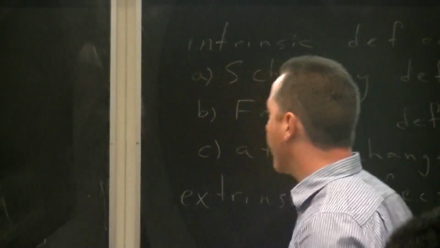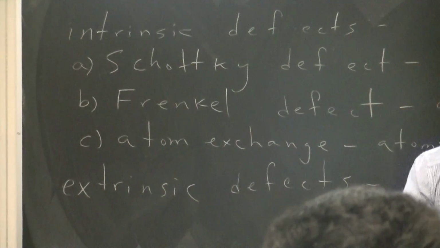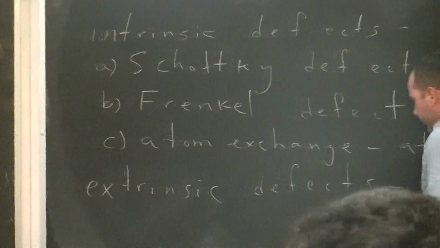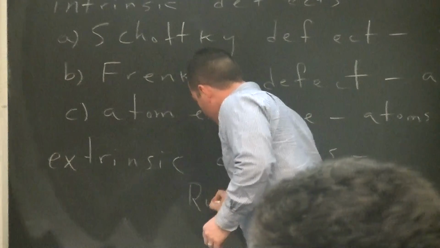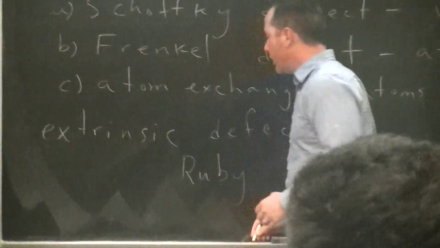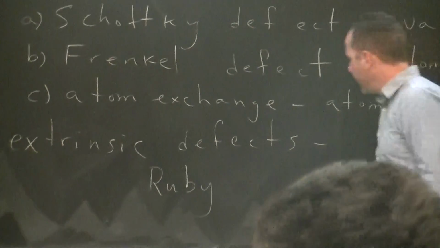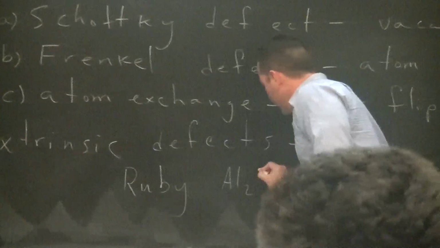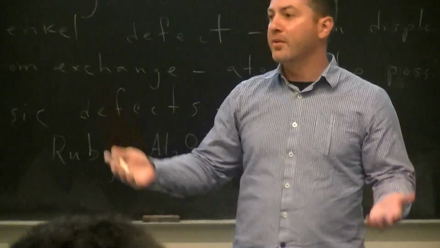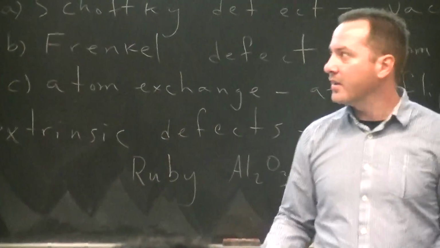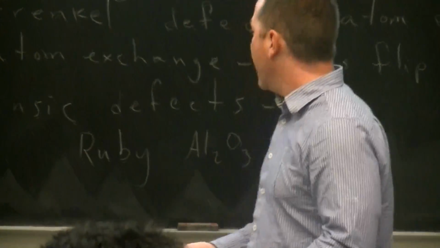Let's take, for example, ruby. Ruby is basically aluminum oxide, which can crystallize very easily.